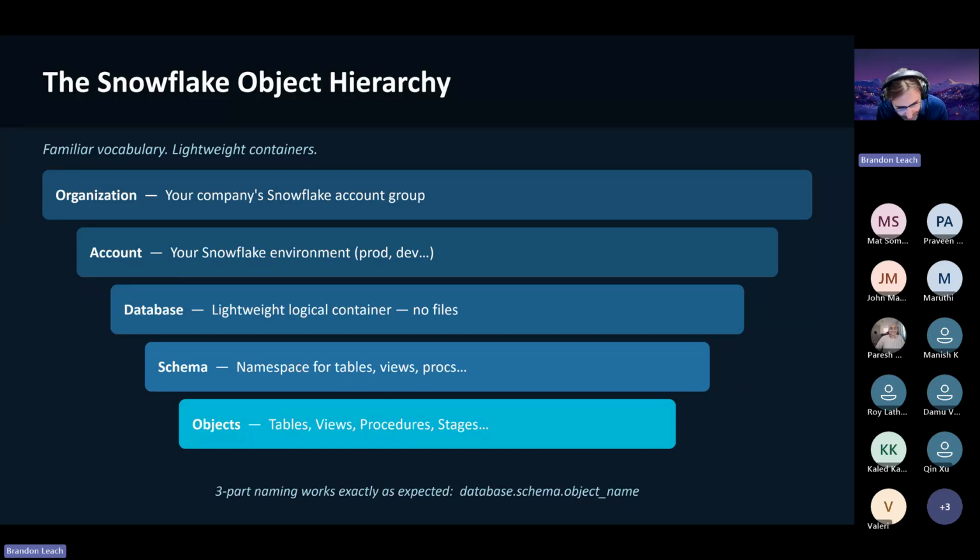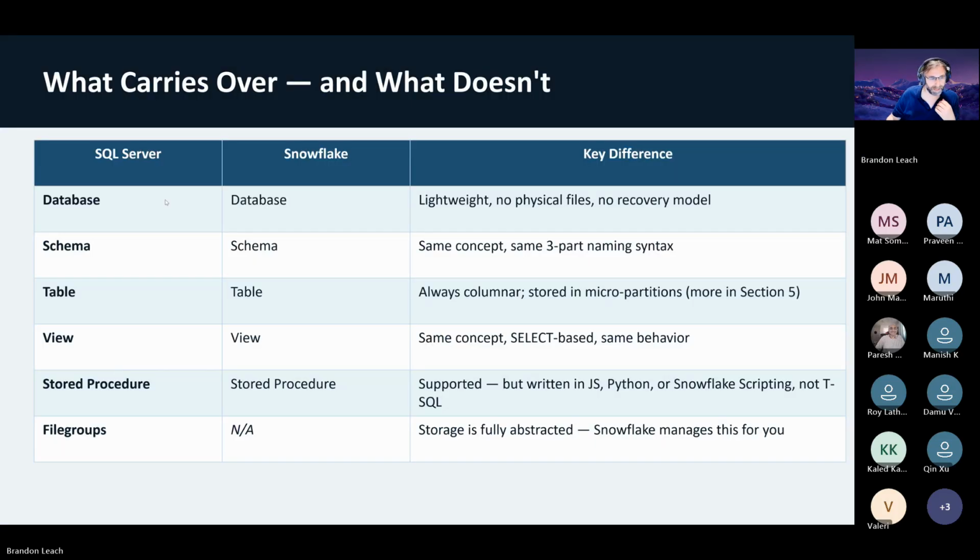Now, underneath account admin is your databases. Underneath those are schema and objects. So just like SQL Server there. However, there are no physical files for your database. It's metadata. The data is stored at the object level in micro partitions, right?